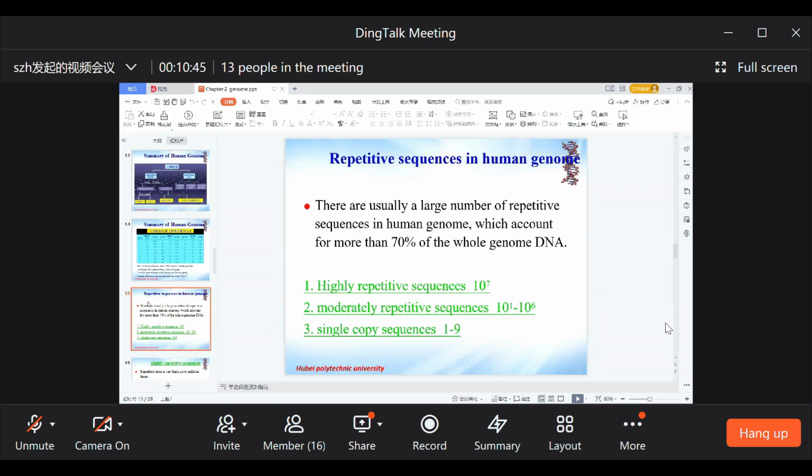According to the frequency, we divide repetitive sequences into 3 kinds. And the last one is the single copy sequence. All of the protein-coding genes are single copy sequences.